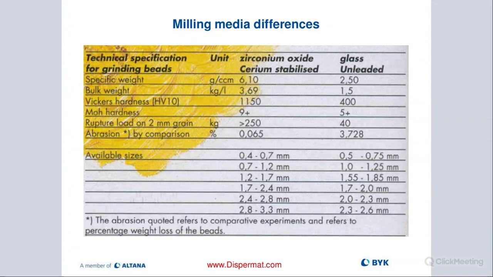Okay, so media differences are also very important to look at, because some people use glass beads. They are relatively inexpensive, they're easy to purchase, and they prefer them over the zirconium oxide beads. But when we take a closer look at this tech sheet right there, you can see that the weight of the glass bead is, you know, less than half of what it would be with the zirconium oxide bead.